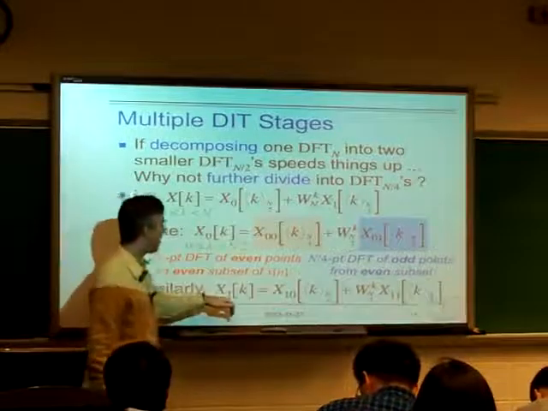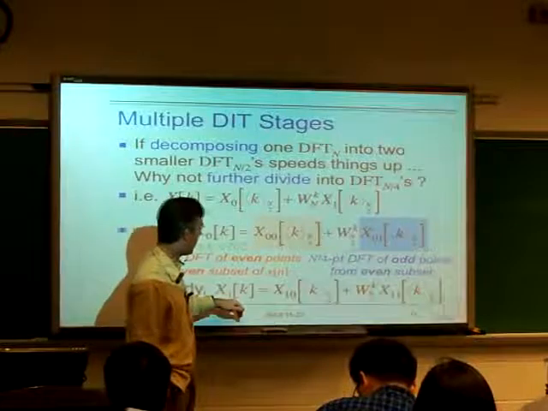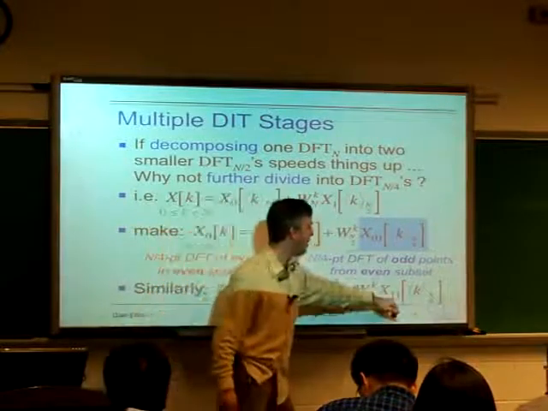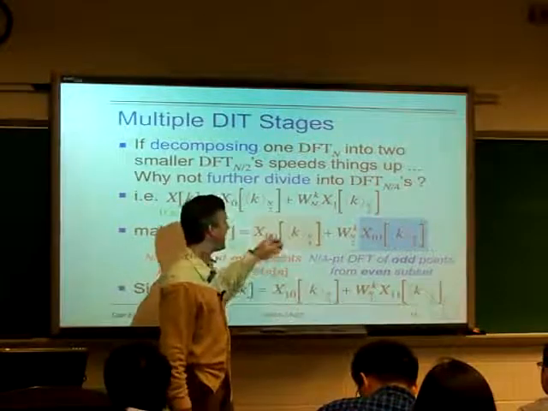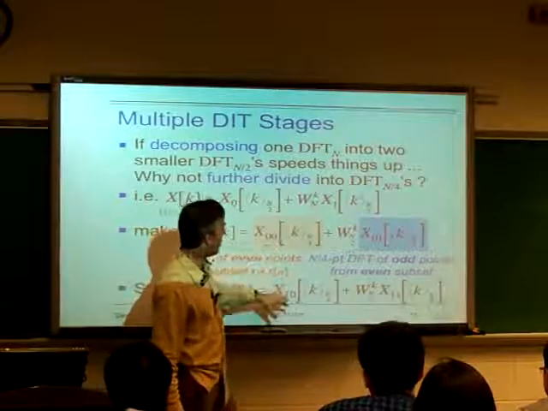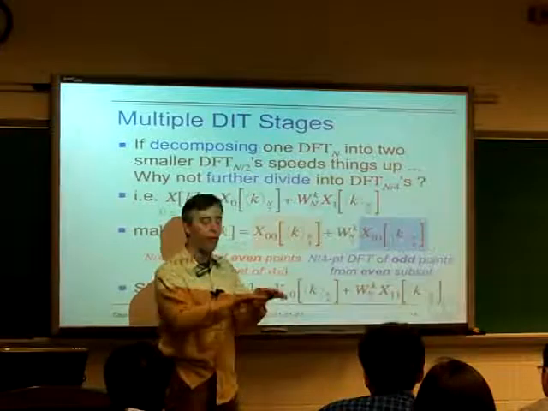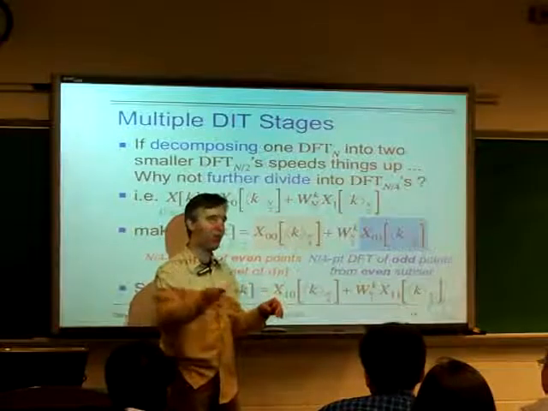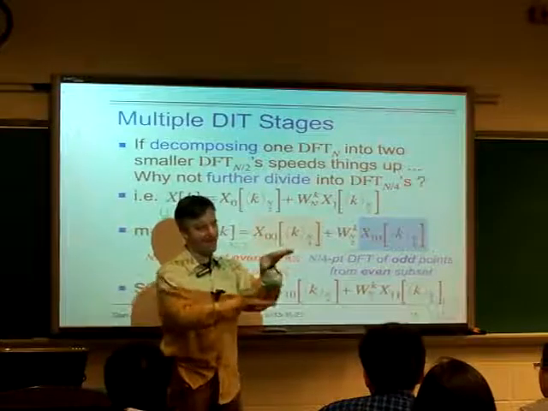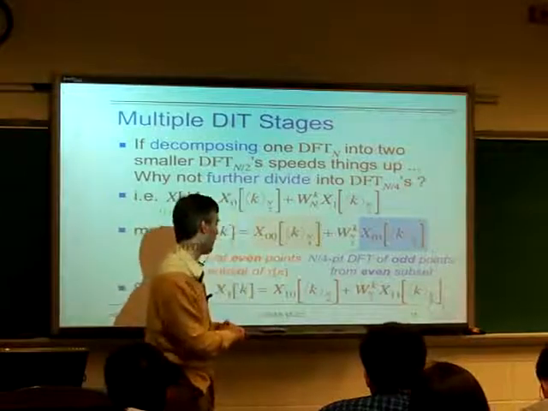And then we can do the same thing for X sub 1, the N/2-point DFT, as these two N/4-point DFTs. Basically, now we've taken our original sequence and broken it up into 4 subsequences depending on whether they were even or odd values, at two levels.